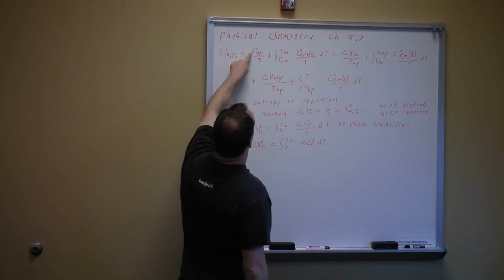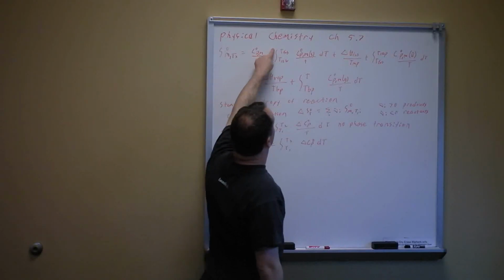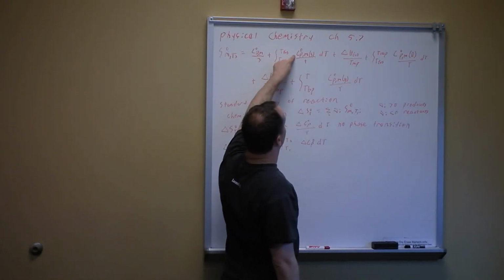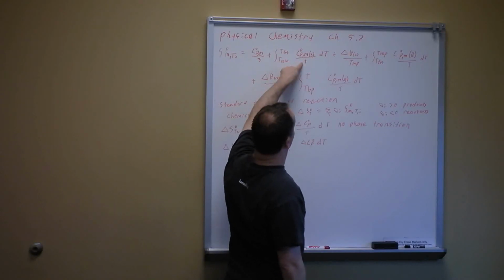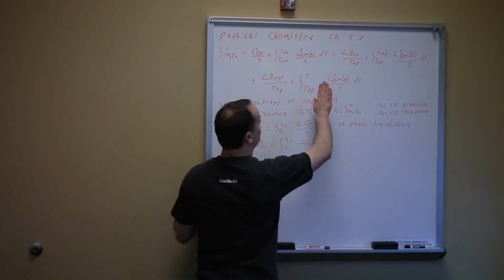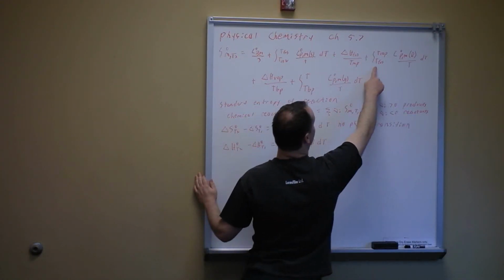So that's going to be S_m at T1, plus the integral from that lower temperature to the temperature of fusion, that's our melting point, of Cp,m naught for the solid phase, divided by temperature, with respect to T, plus the enthalpy of fusion divided by T of the melting point, or temperature of fusion.